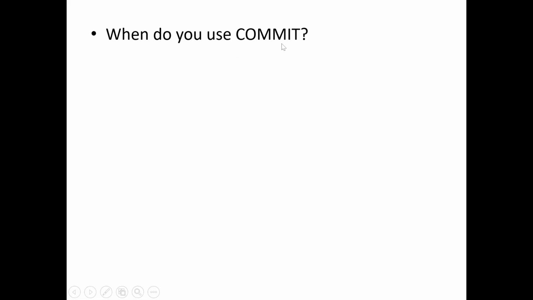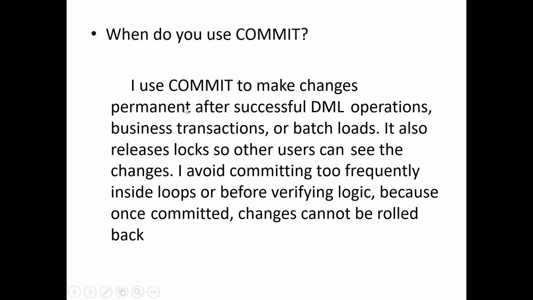When do you use commit? I use commit to make changes permanent after successful DML operations. For business transactions we can use commit, and for batch loads we can also use commit. It releases the lock so that other users can see the changes which one user made.